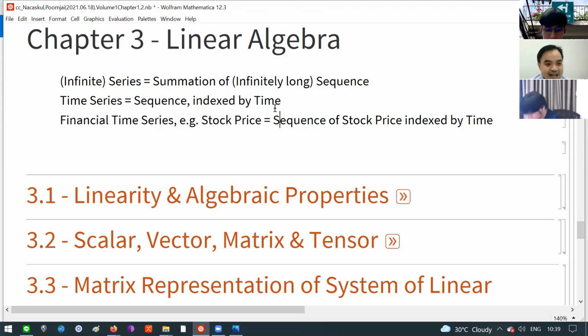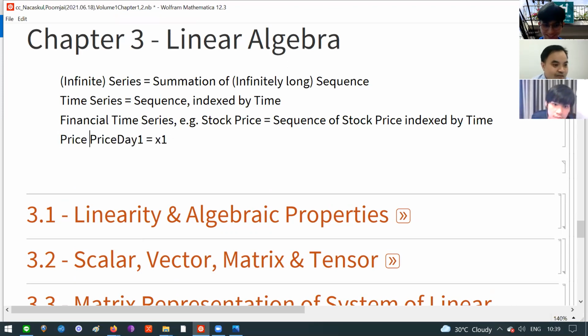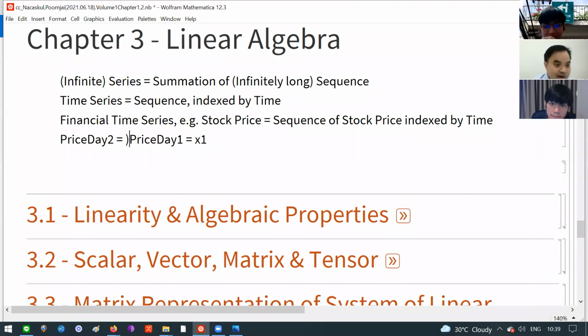You can think of the price on day 1 as something, x1, and then the price of day 2 is equal to the price of day 1, which is x1, plus the price change.